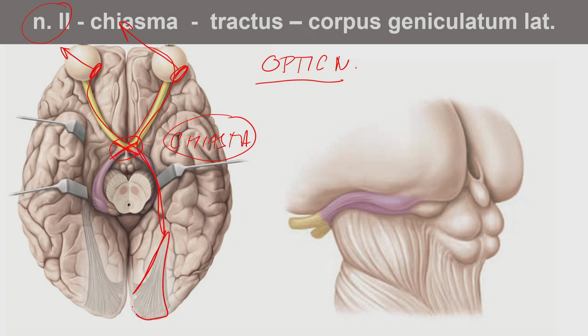And then here is a field where the primary visual cortex is. So the organization is made so that the information from the same visual field is crossed. Then the information could be integrated and could produce the double vision in one, so stereoscopic vision, which is for us very important.